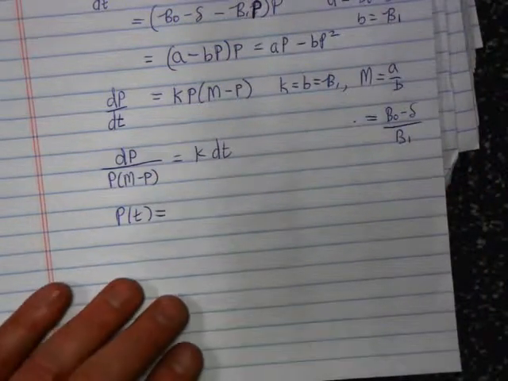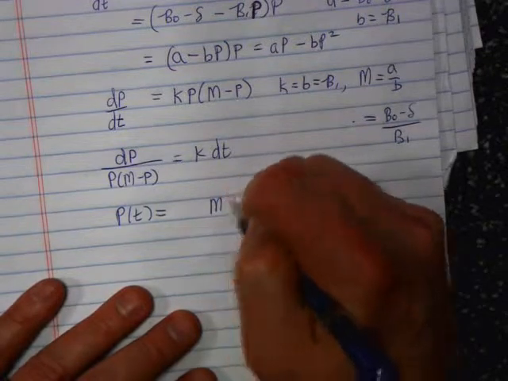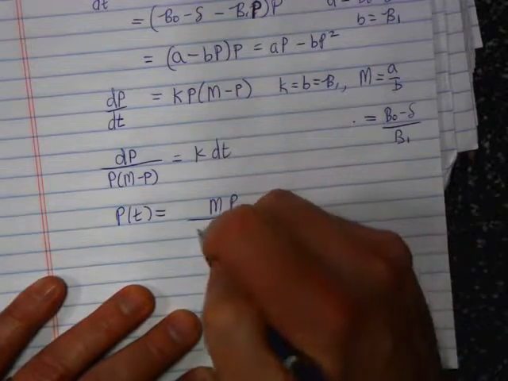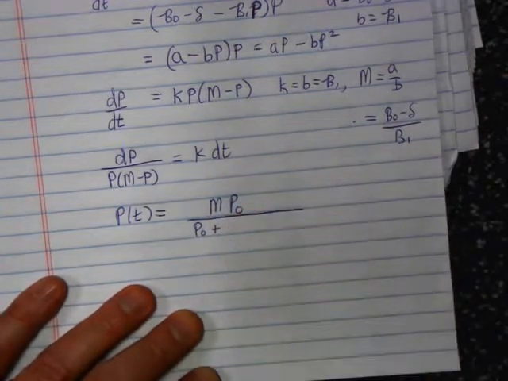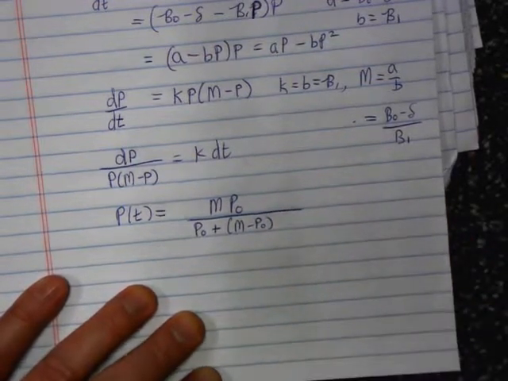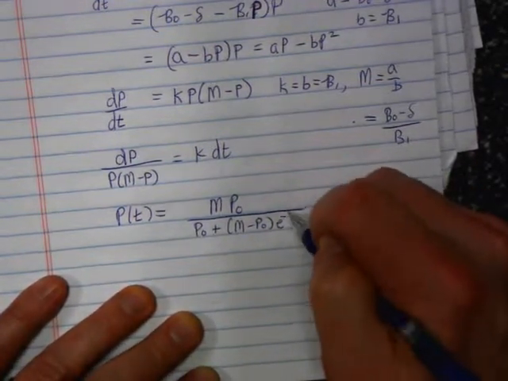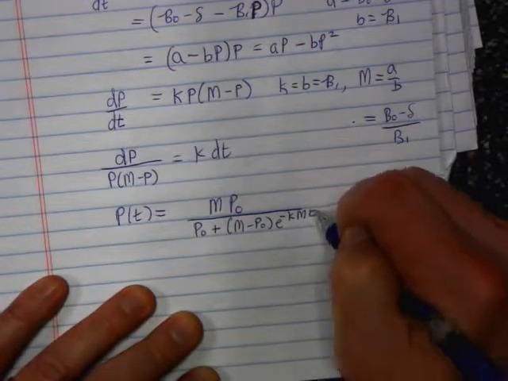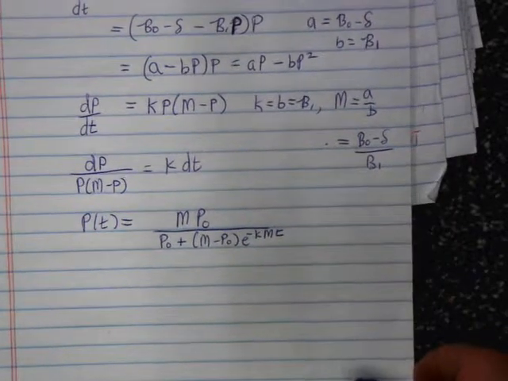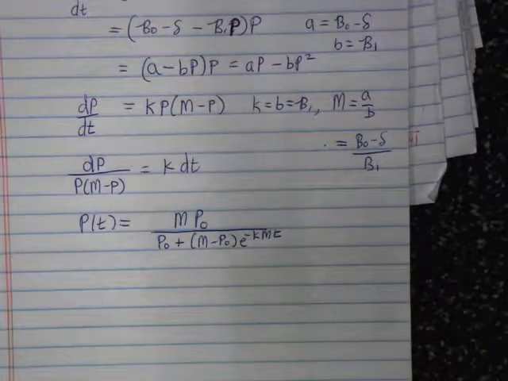When you do all that, you get M P0 divided by P0 plus M minus P0 e to the negative k M t. Nice. Pretty function.